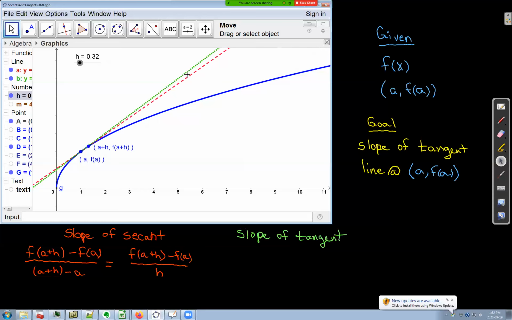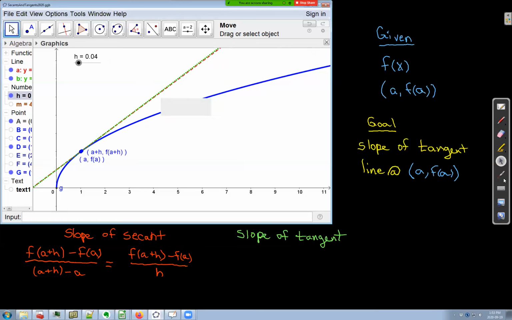And if they're practically the same line, then they must have practically the same slope. And so now we just continue to let h get closer and closer to 0. And the closer h gets to 0, the closer the secant line and the tangent line get.